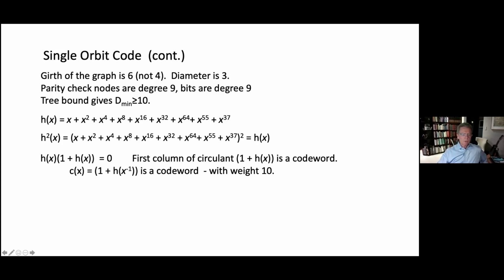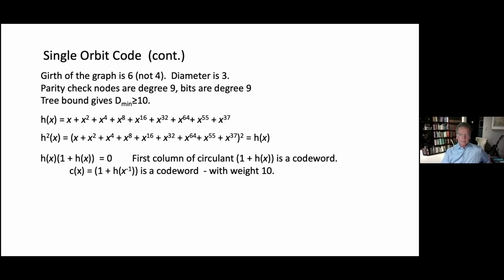But now I can show you if I take h of x and I square it. Well, I chose this so that it would be invariant under multiplying by 2. So h squared of x is equal to h of x, which says h of x times 1 plus h of x is equal to 0. And if you figure out what that means in terms of circulants, the first column of this matrix is defining exactly what that equation is telling you.